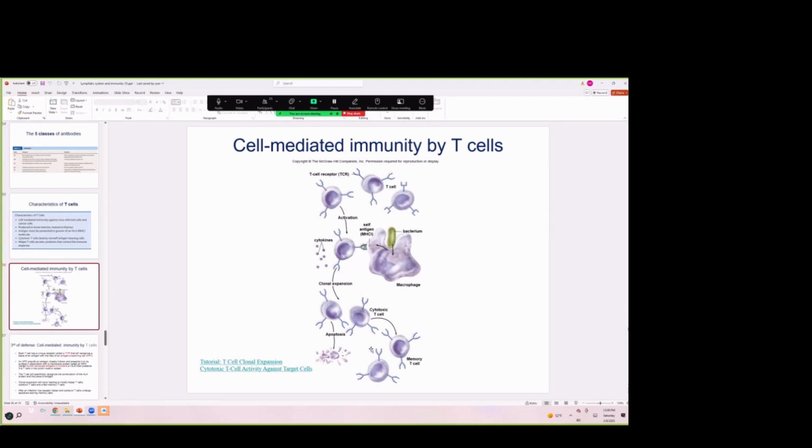The cytotoxic T cells go and recognize and destroy anything that binds to the pathogen. And then the other ones would again stay and be memory cells waiting for the next encounter. And you could look at the clonal expansion of this one as well.